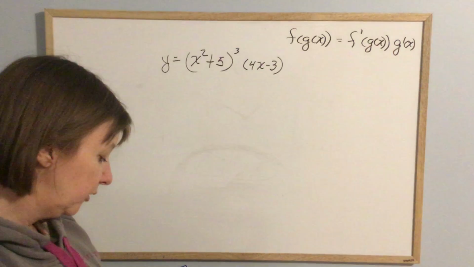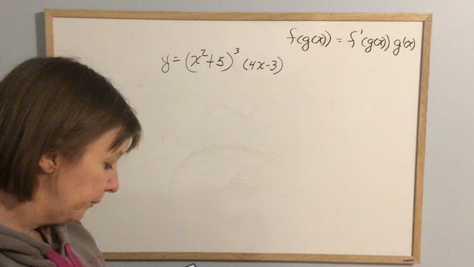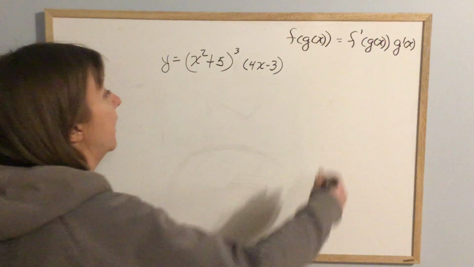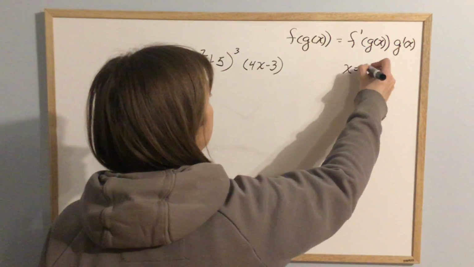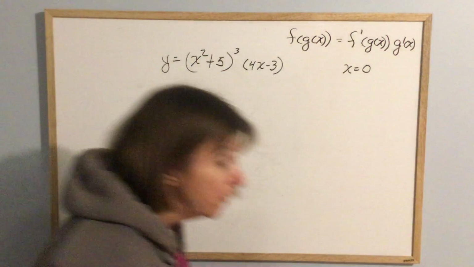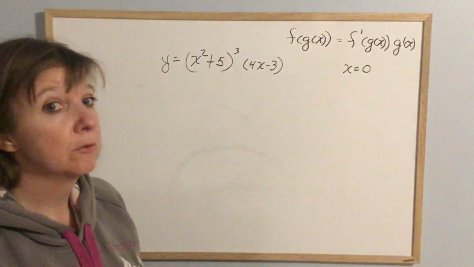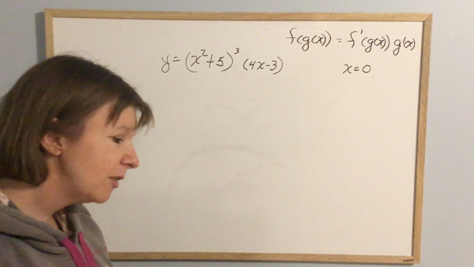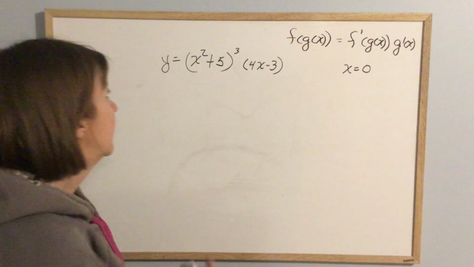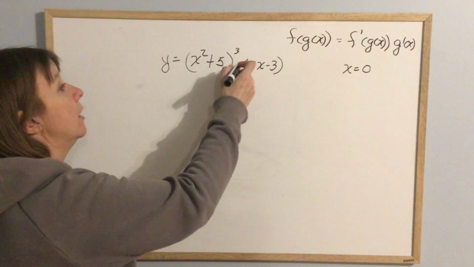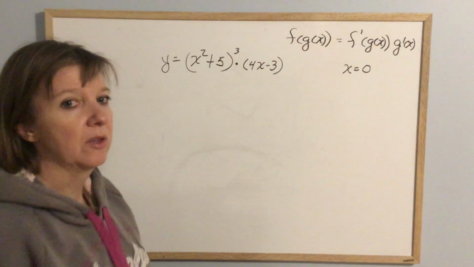And they want us to use the chain rule to determine the slope of the tangent at x is equal to 0. So they want us to find the slope of the tangent, so the derivative, when x is equal to 0. The problem with this is that I'm definitely going to have to do the chain rule, but I'm also multiplying two things together.